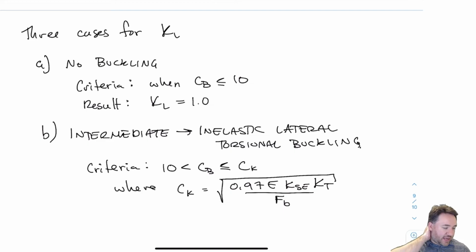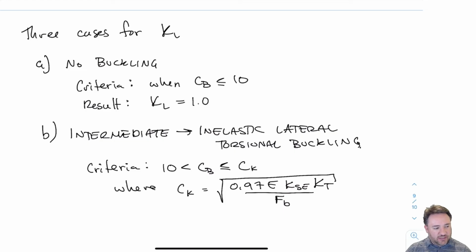And so that's why here I have an equation that is bounded basically by 10 on one side, below which I had no buckling, and a parameter called CK, which is the slenderness at which I transition between inelastic lateral torsional buckling and totally elastic lateral torsional buckling.